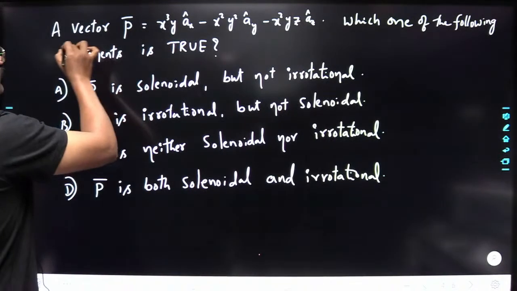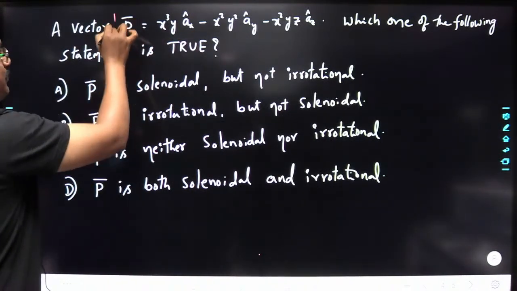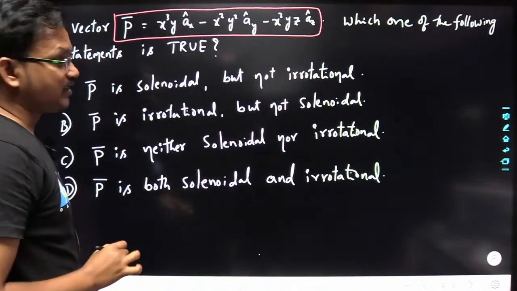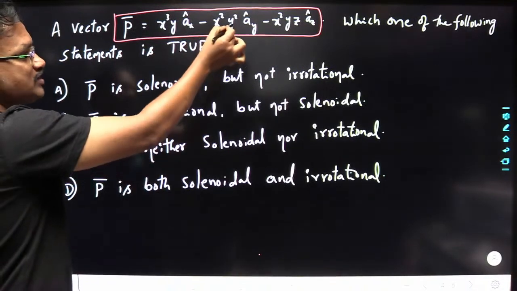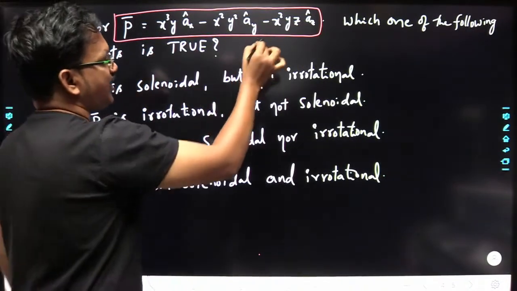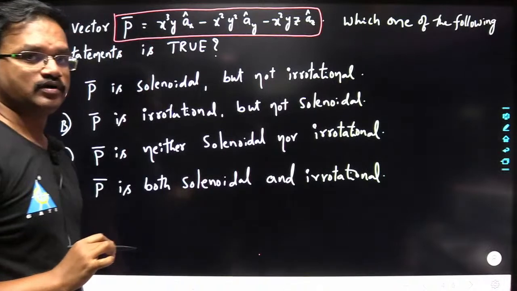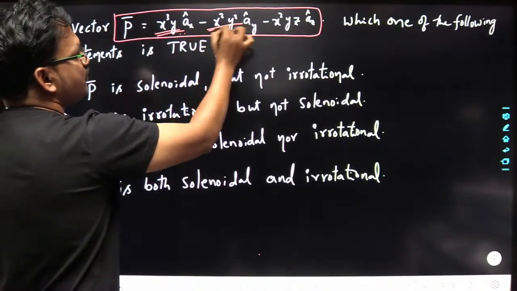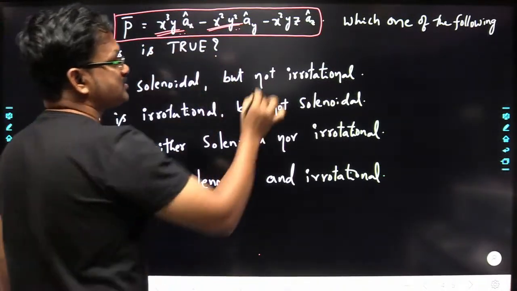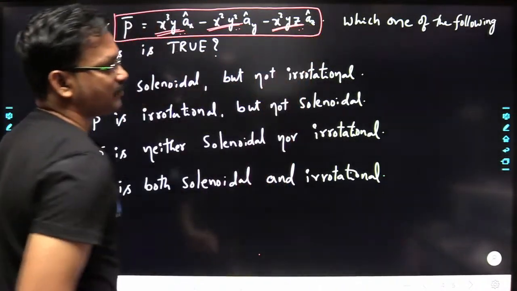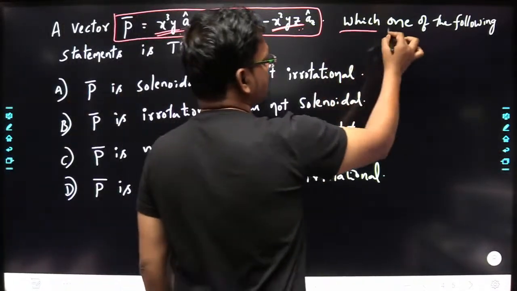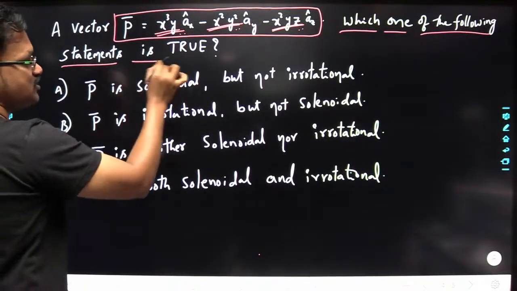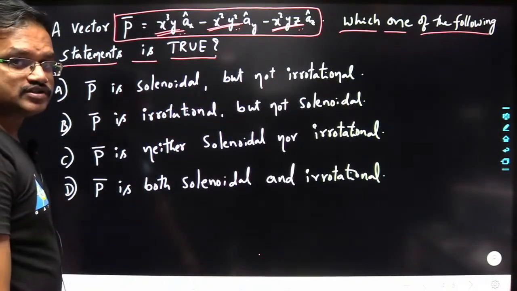They have given a vector field: P bar is equal to x cube y ax cap minus x square y square ay cap minus x square yz az cap. Then which one of the following statements is true?